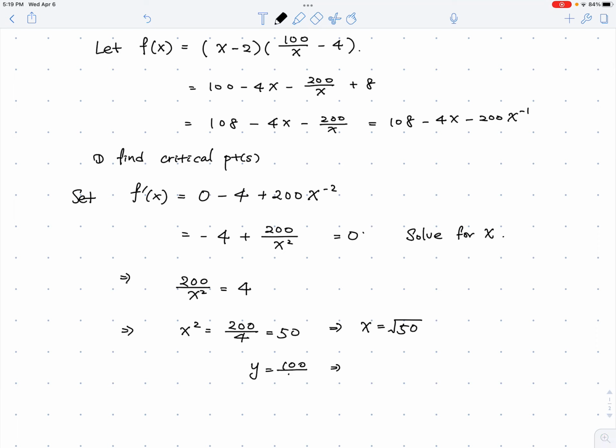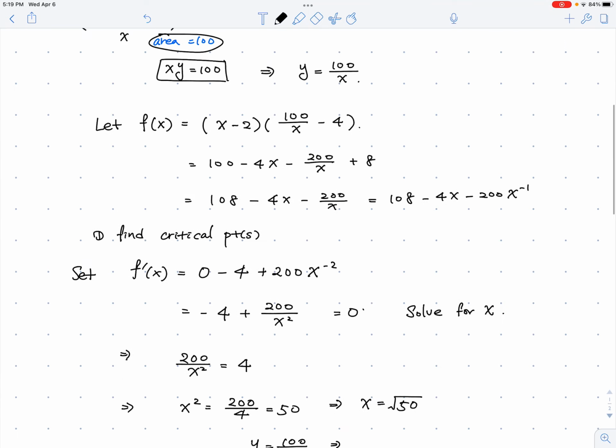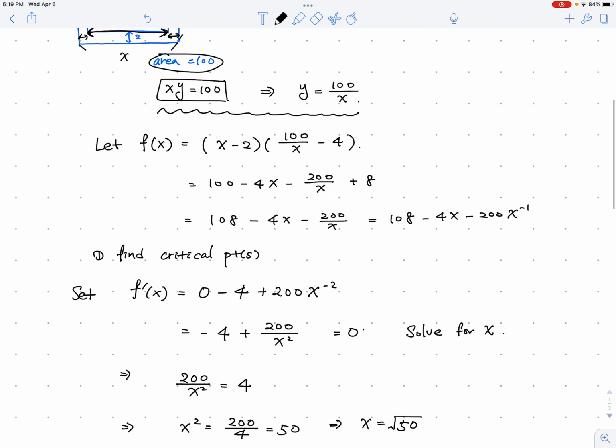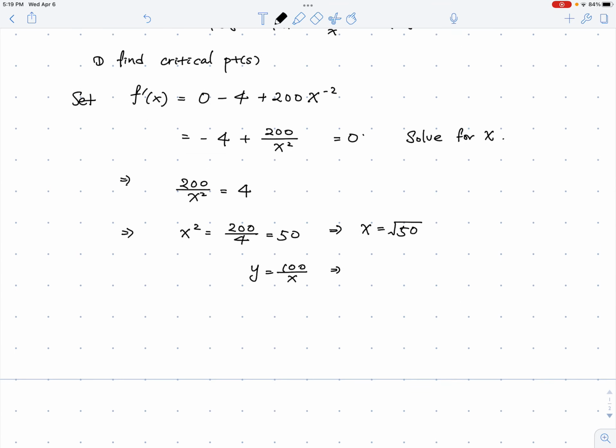Alright, so now with this x, y being 100 over x. Why 100 over x? Because x times y is the size of the poster, and it has to be 100. So y is 100 over x, so therefore y equals 100 over root 50. Okay, so this is 2 times root 50.